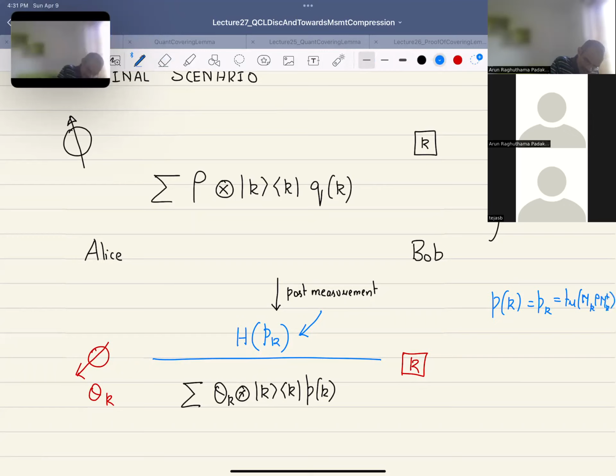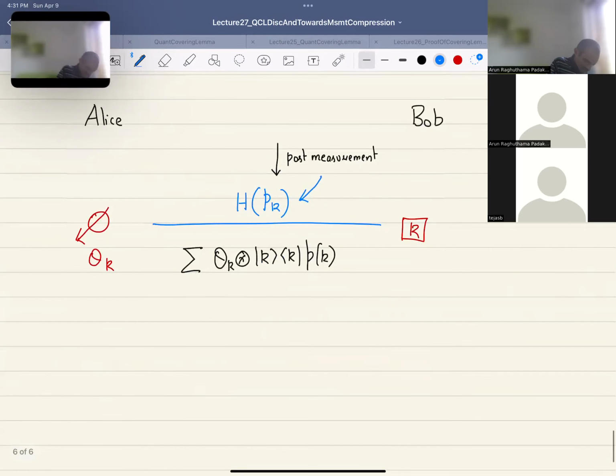So h of pk is essentially the entropy of this random variable pk. That is the distribution. Okay. So for Bob to figure out the random outcome of the measurement, he has to be sent h of pk number of bits, right?